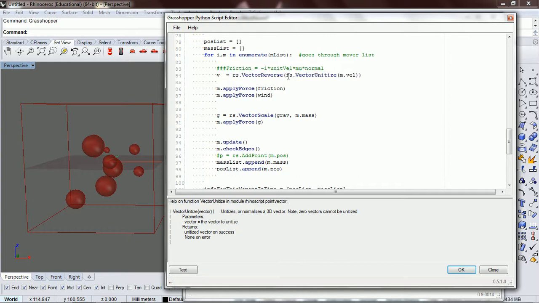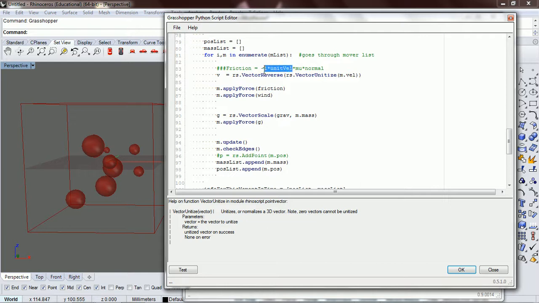So whenever you see a long line like this, you always just want to think about it from the inside out. So, okay, we're starting with a velocity, our velocity vector for this mover. We're unitizing that, so now it has a length of 1, and then now we're reversing it. So it's the same thing as multiplying it by -1.